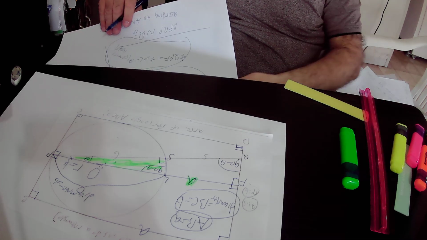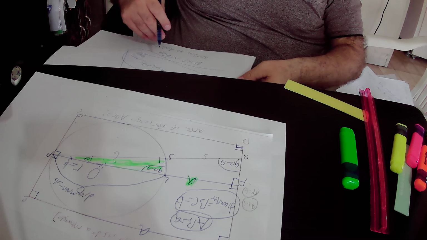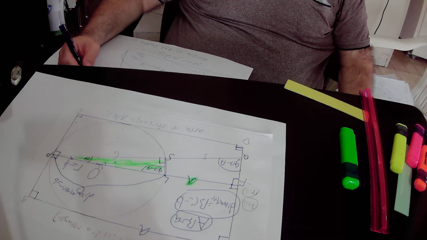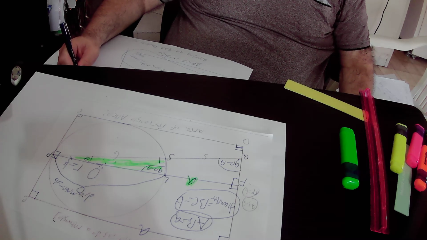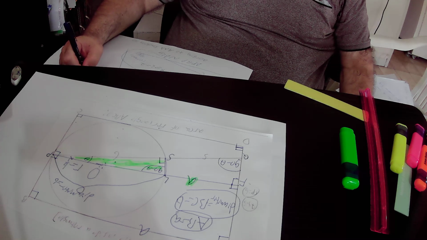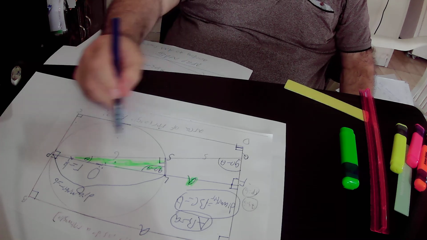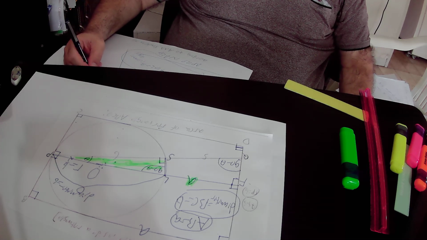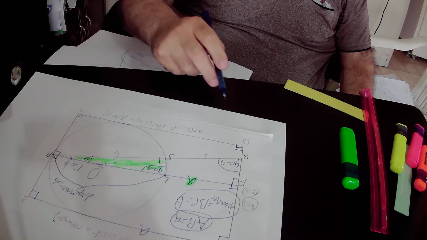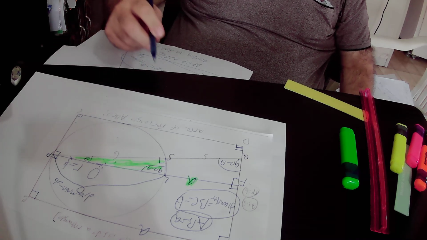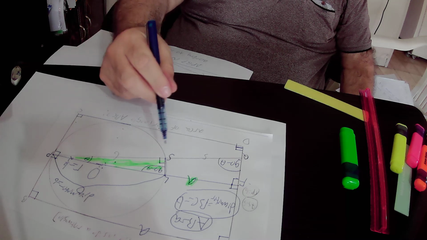We conclude that FP in the big right triangle over SP in the small green triangle equals QP over LP.